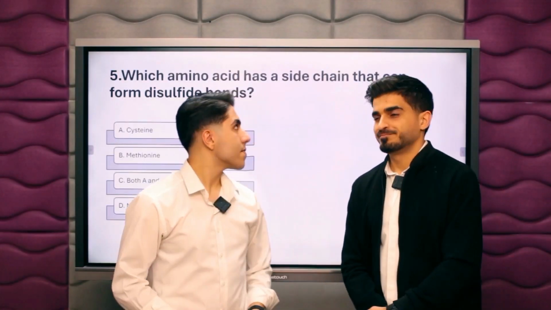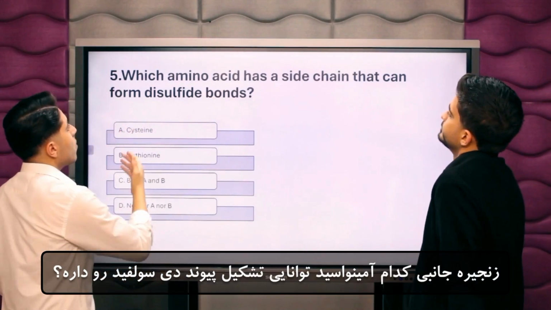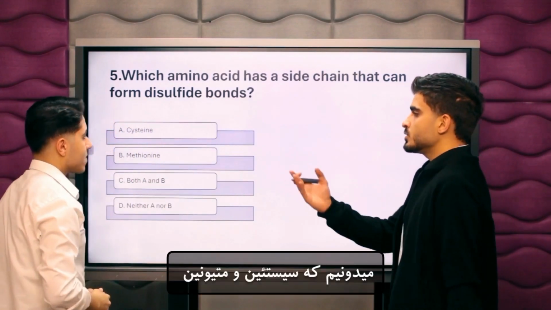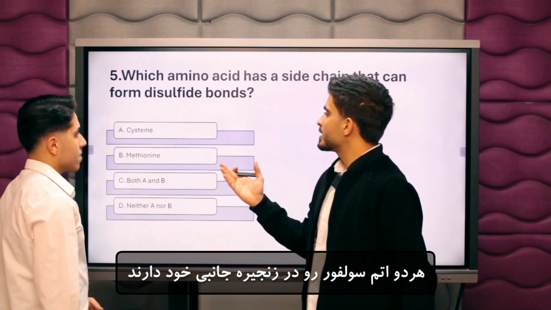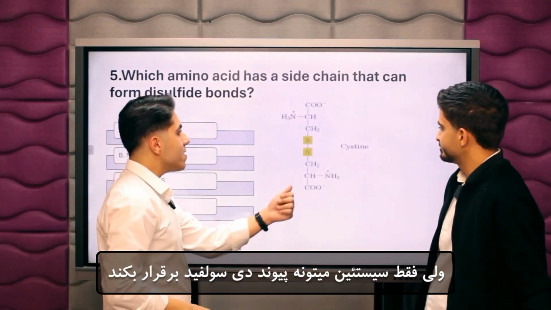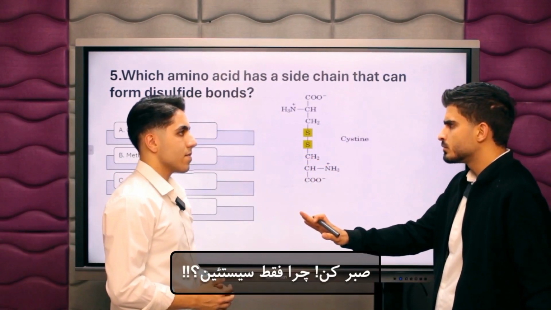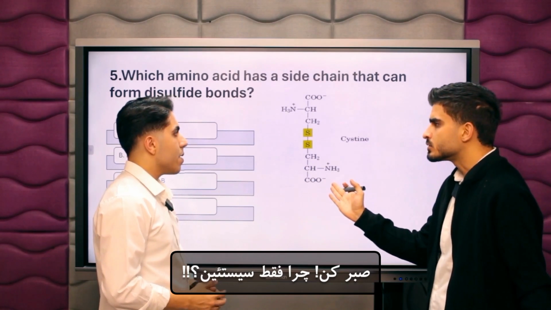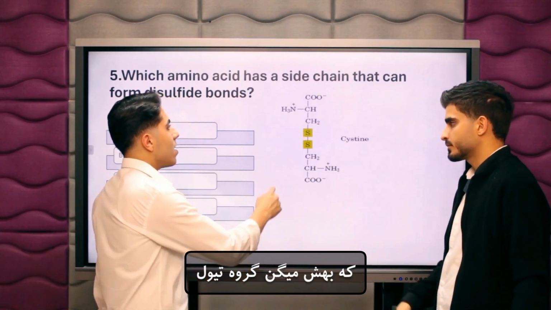Which amino acid has a side chain that can form disulfide bonds? We know that cysteine and methionine, they both have sulfur atom in their side chain. But only cysteine can form a disulfide bond. Why only cysteine? Because it has a free terminal sulfur atom, which is called the thiol group.